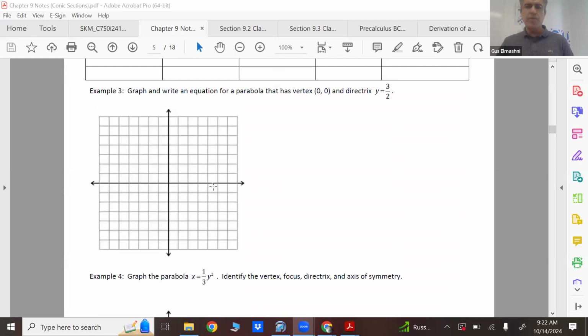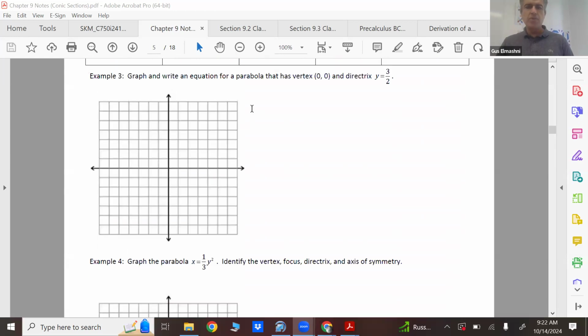Let's just do these two graphs really fast and wrap up the notes. So vertex (0, 0), directrix y equals 3/2. Here's (0, 0), and y equals 3 halves. So I expect my graph to be like this. x squared equals 4 times negative 3 halves y.